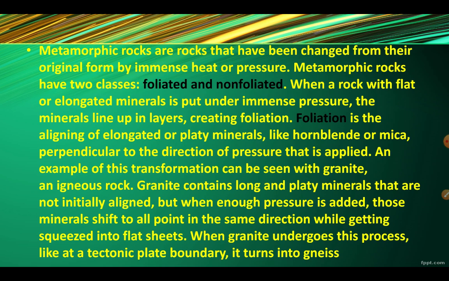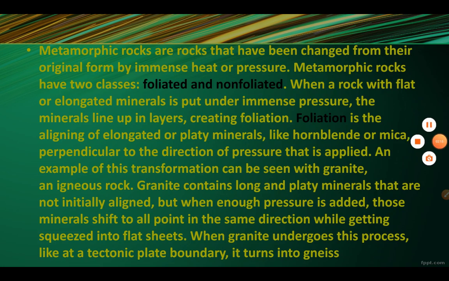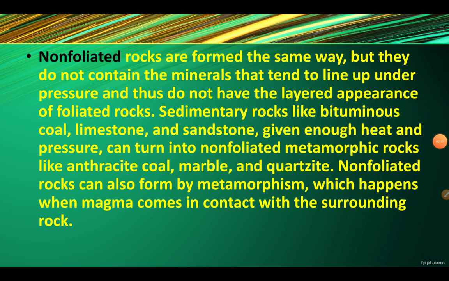When granite undergoes this process, like at a tectonic plate's boundary, it turns into gneiss. Right? Students, I already explained to you about tectonic plates. Now I am going to explain the second type of rock.